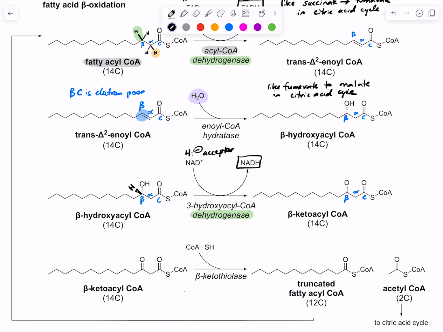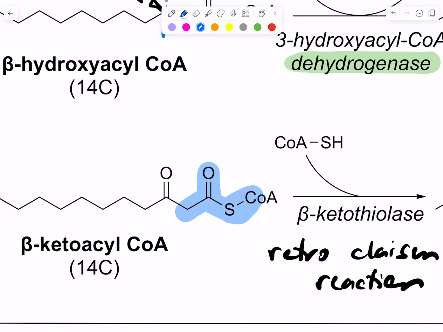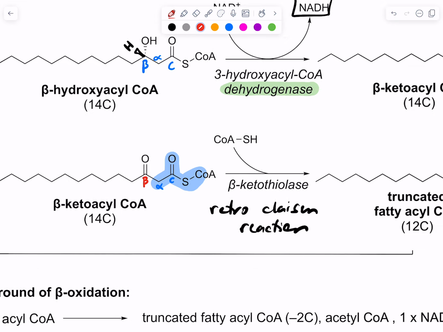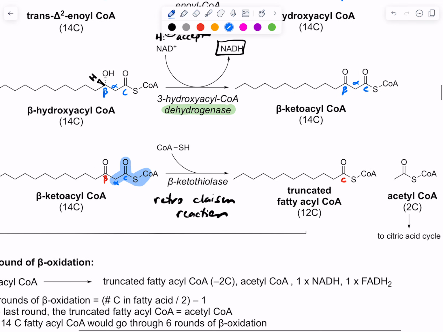The mechanism, we're going to call it a retro-Claisen reaction, and it's similar to a retro-aldol reaction, but the effect is going to be to clip off the 2-carbon unit that is composed of the carbonyl carbon and the alpha carbon, and then the beta carbon here becomes the new carbonyl carbon here.